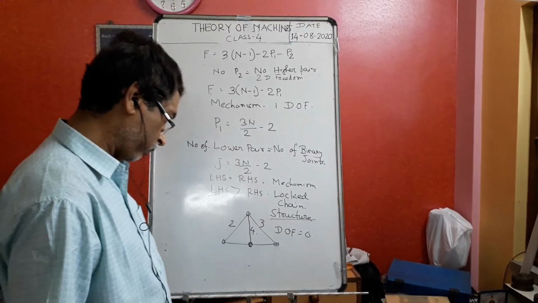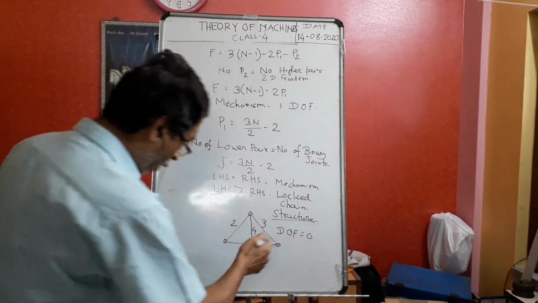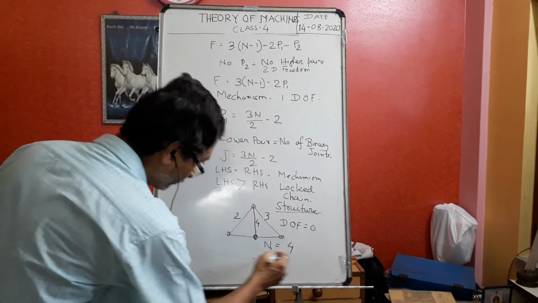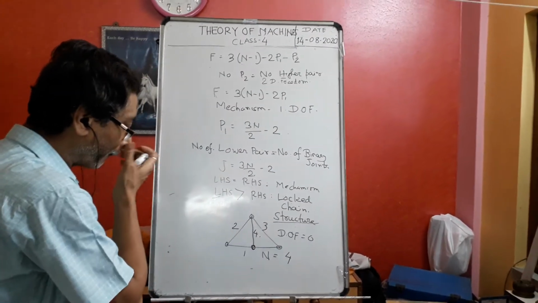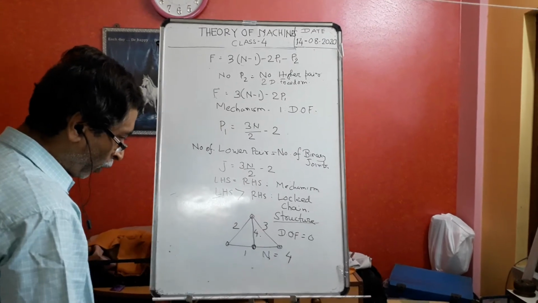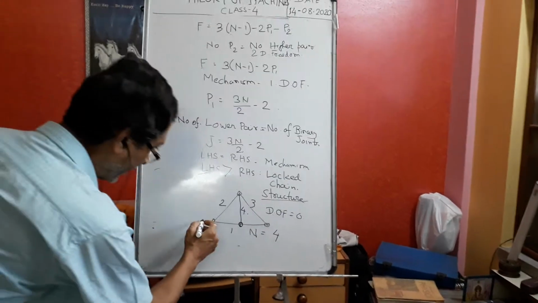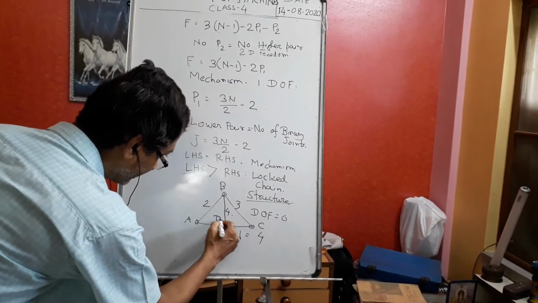How many links are there? N is how much? 4. 1, 2, 3, 4 links. Now how many joints are there? A, B, C, D.